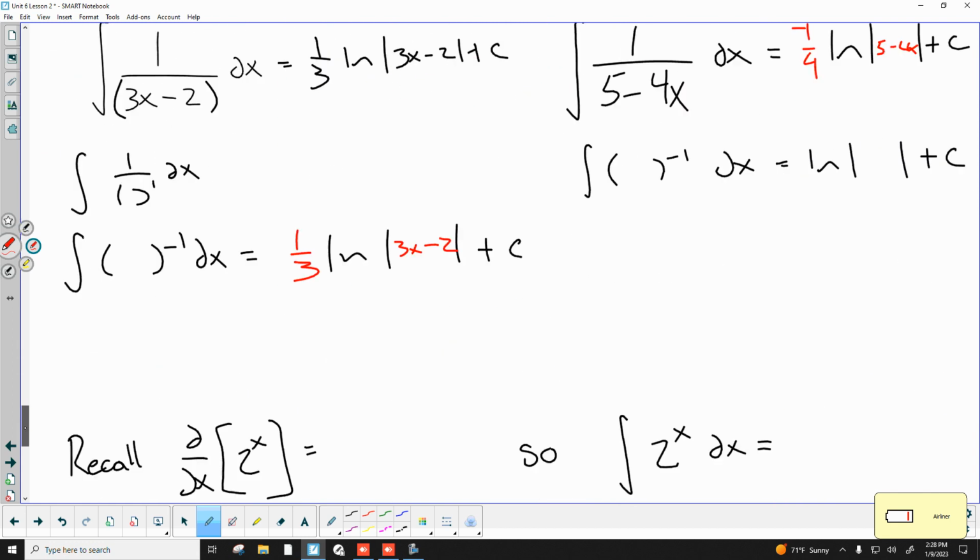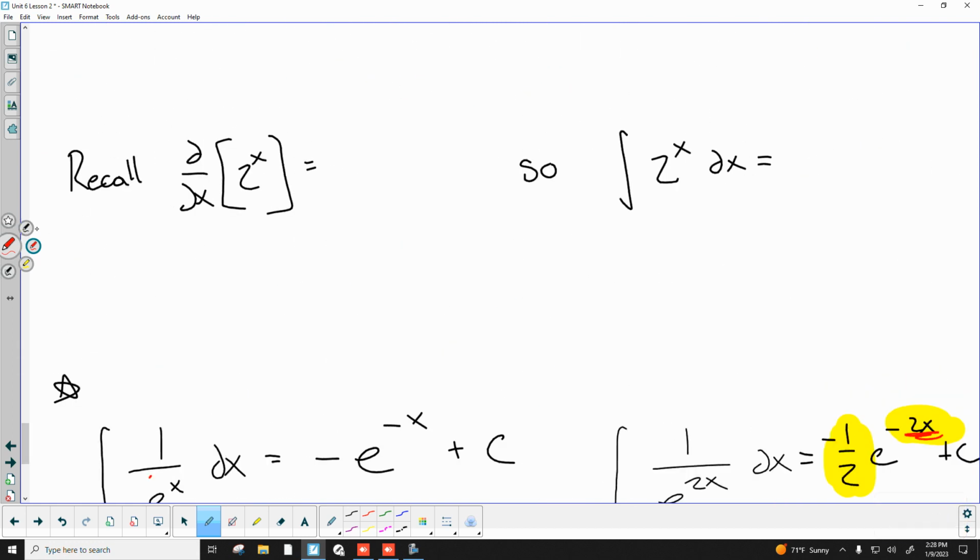Okay. Last thing. You all forgot the derivative of 2 to the x. It's 2 to the x times the natural log of 2. Natural log of 2 is a number. Okay?